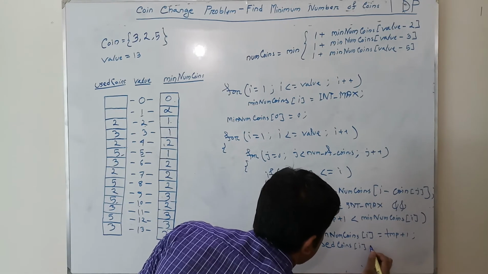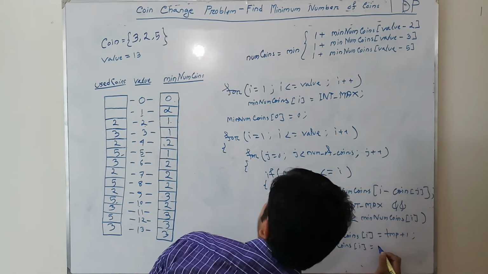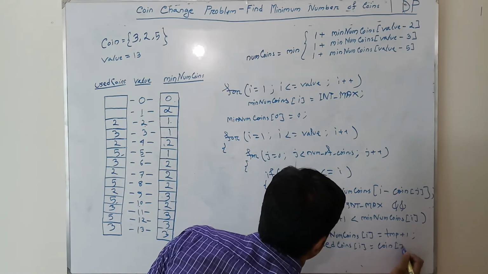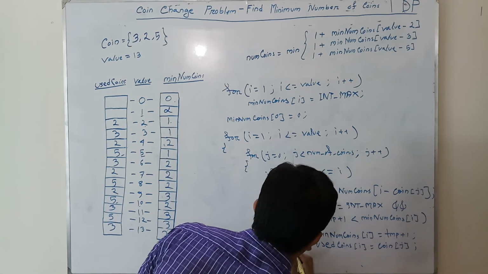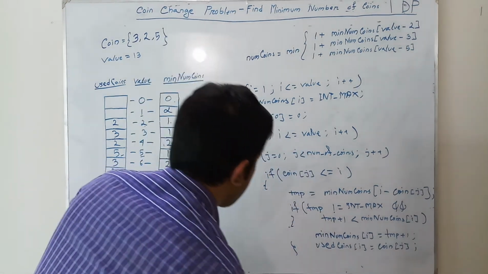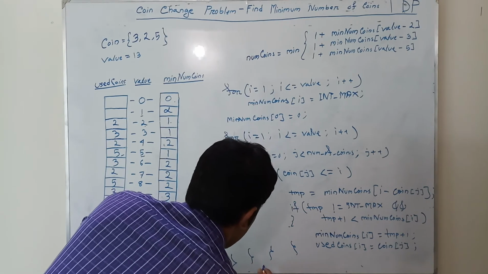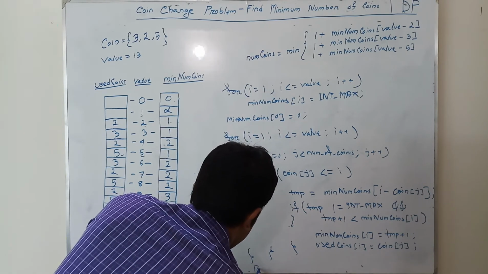For I we have used coin of j. Finally we return the minimum number of coins.